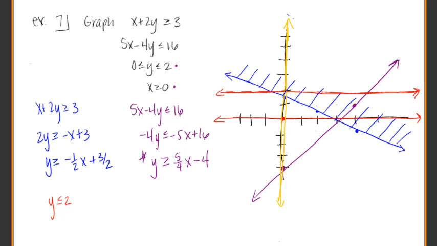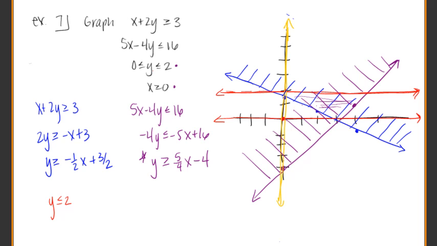So from here, I want to make sure I'm going above that line. I want to go to the larger y values, which are sitting right up there. Okay, if I stopped right there, can y'all see where the overlapping is so far? It's right in this kind of region right in here, where I've got everything where the blue and the purple both overlap. So that would be it if I just stopped right there, but we've got a couple more going on.